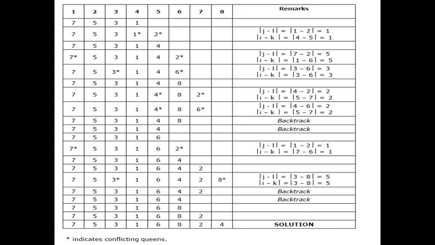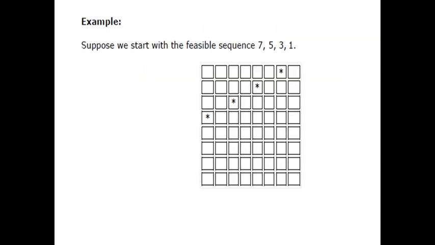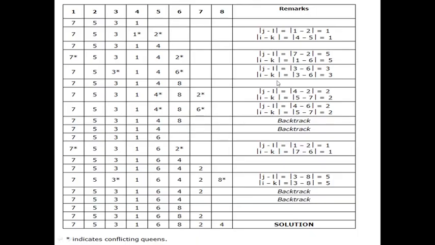Then we try placing it in the second position. If we place it here, then j minus l is 1 minus 2, which is 1, and i minus k is 4 minus 5, which is 1. They are conflicting, therefore you cannot place it in the second position, and you will try the other positions. 3 you cannot try because 3 already appeared, so a same column conflict will come.